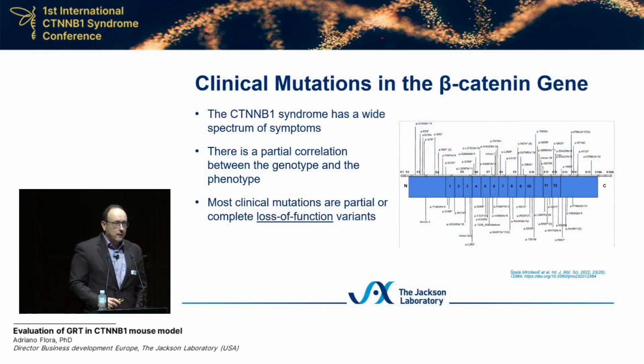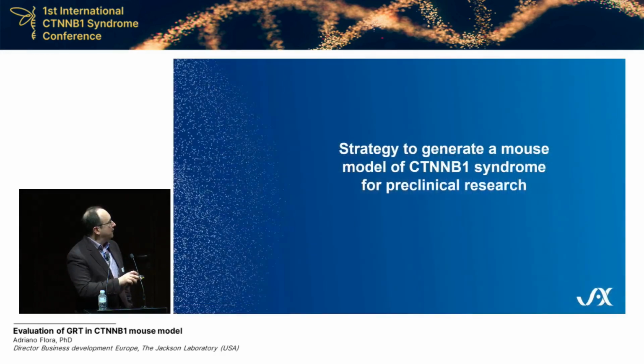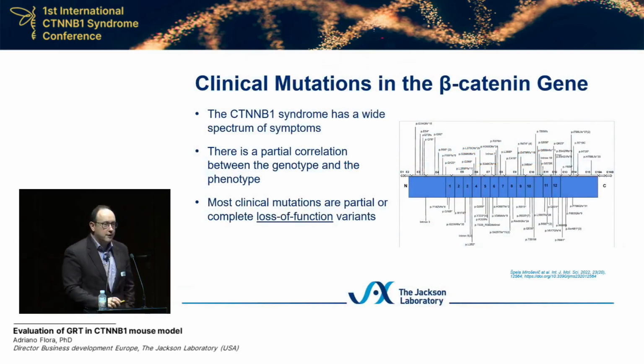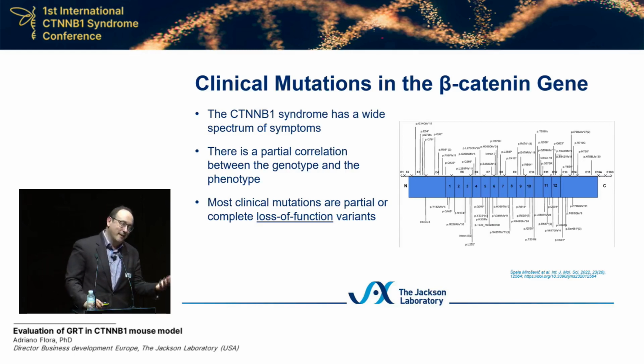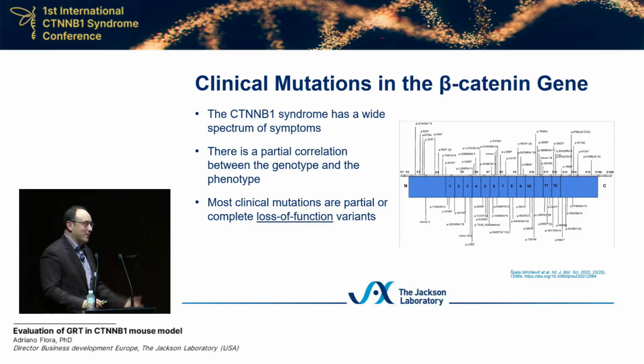I stole this image from a publication from Spela. I think most of you probably recognize that. I'm not going to discuss this more than just saying that, for what we know, the majority of the clinical mutations of the CTNNB1 gene, the beta-catenin gene, are known loss of function mutations. I'm a developmental biologist, I used to call it beta-catenin, so I will refer to beta-catenin as the gene.